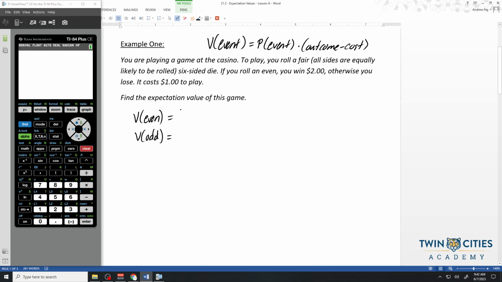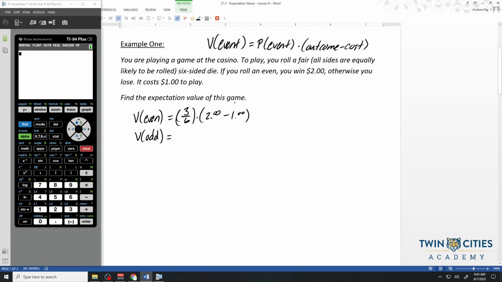Well, there are 3 evens out of 6, or you could say that 1/2 of the sides are even. And then times the outcome minus the cost. So what happens when I roll an even? If you roll an even, you win $2. So I get $2 minus it cost me $1 to play.